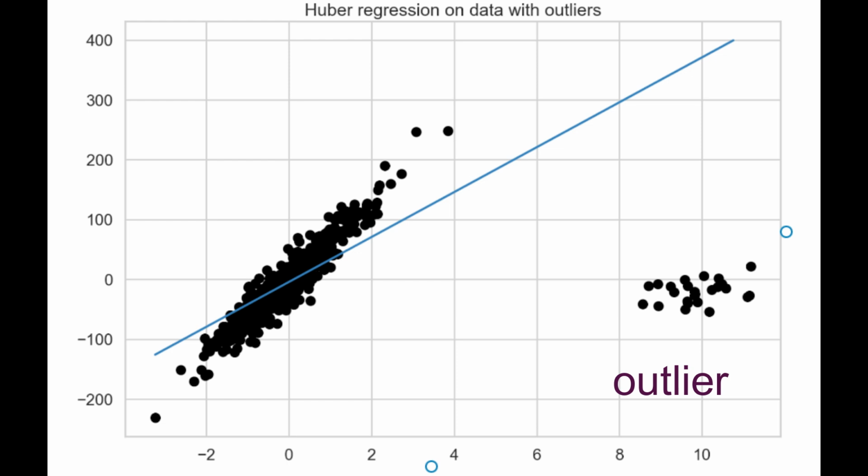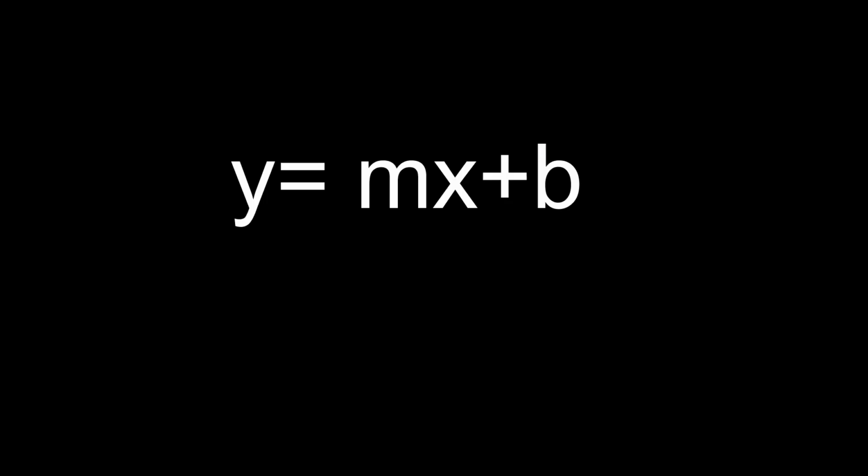So let's take the example of this equation, y is equal to mx plus b, or mx plus c, whatever we call it, as the equation of a line. So x is the independent variable, and the value of y is dependent on the value of x, and hence it is called the dependent variable. So when we understand this concept, we are able to analyze the equation.